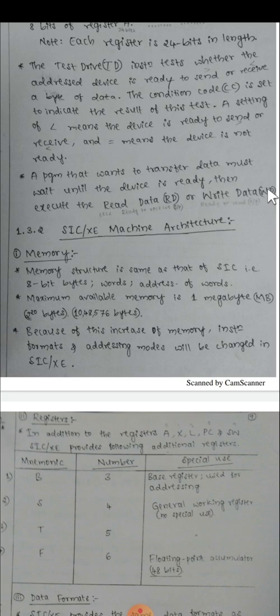Even though the device is ready to send or receive the data, once that device is ready, at that time only we can perform either the read data or write data instruction. So here TD, RD and WD instructions we have to execute. We have to execute these RD and WD instructions only based on the value of CC.